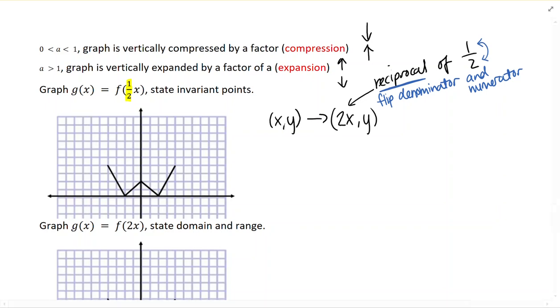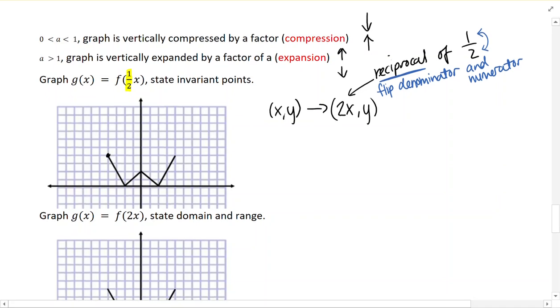In this particular case, we don't have marked points, but basically we could say these 5 points are our key points that we will be transforming here, which is -4, 4, -2, 0, 0, 2, 2, 0, 4, 4.